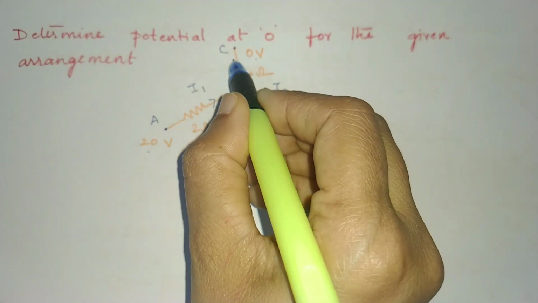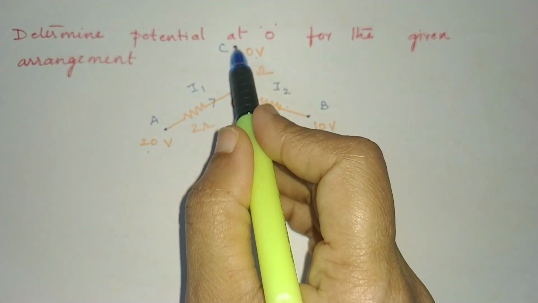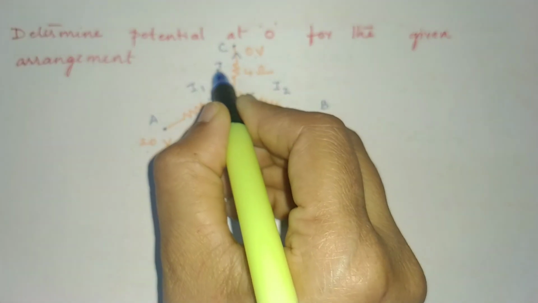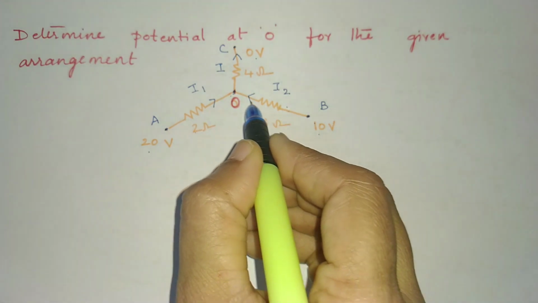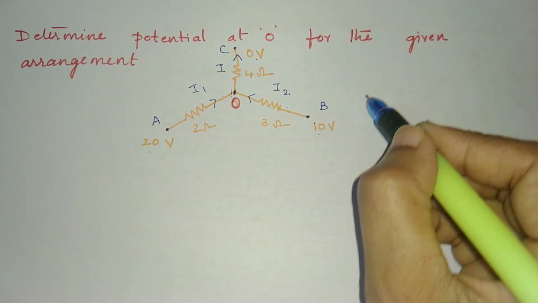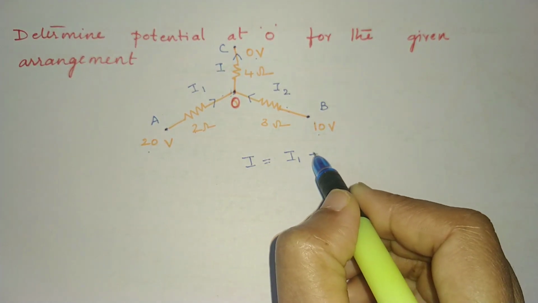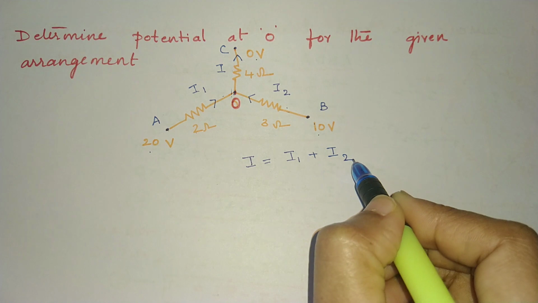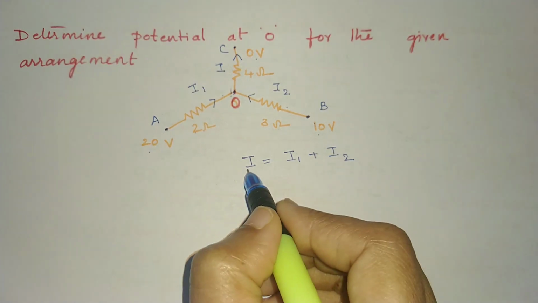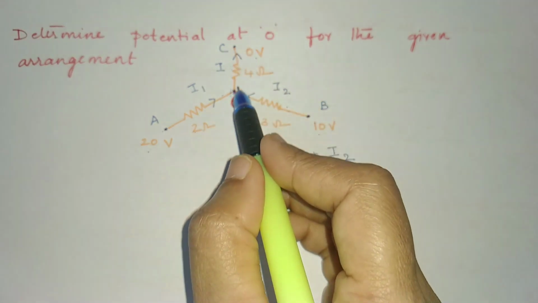Both put together will flow through the 4 ohm resistor, I will call this I. Since I1 plus I2 are flowing as I, we can write I is equal to I1 plus I2 by junction rule. Now I need the current in this branch. So I is the current in OC.